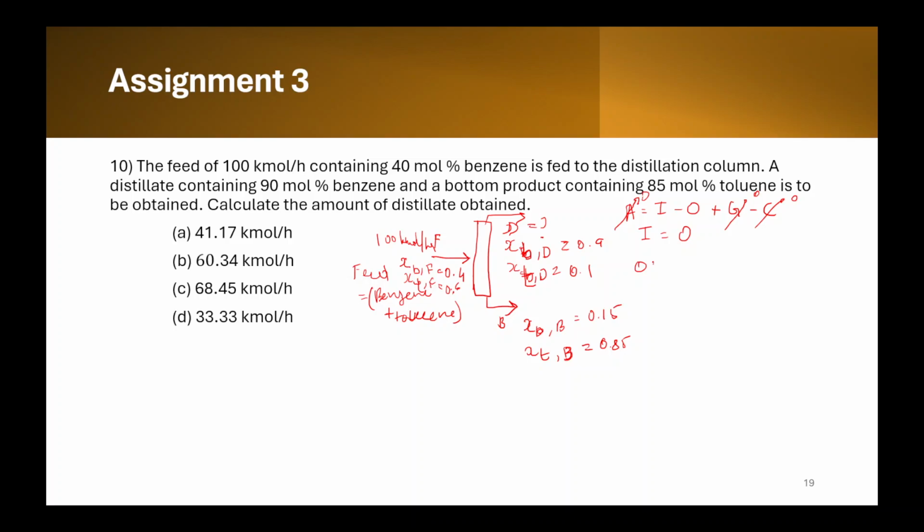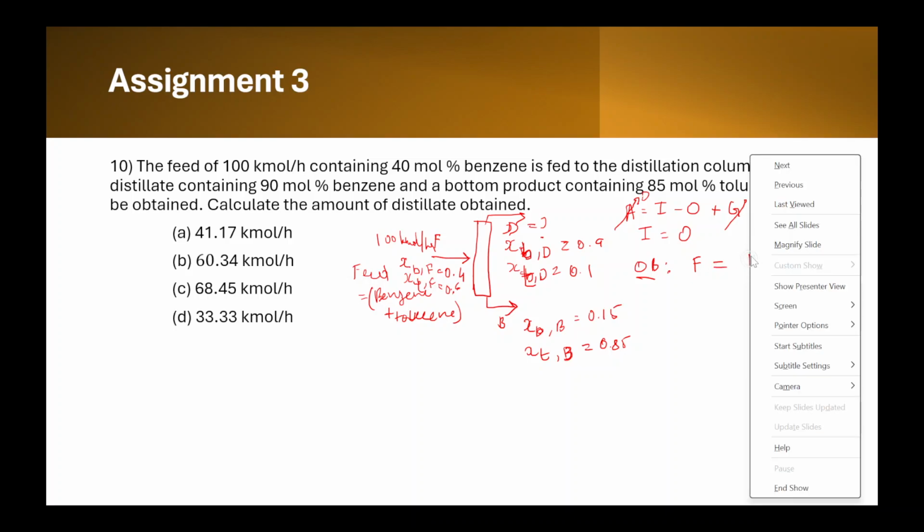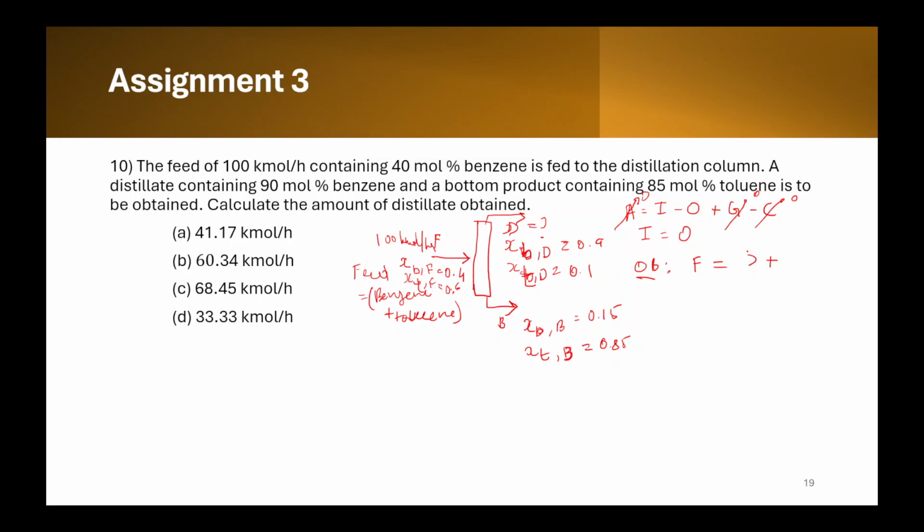So the overall material balance equation, as we have named the streams, is: feed is equal to distillate D plus bottoms B. We know feed is 100 kilomole per hour, or for 1 hour operation it is 100 kilomoles, and D and B we don't know yet.